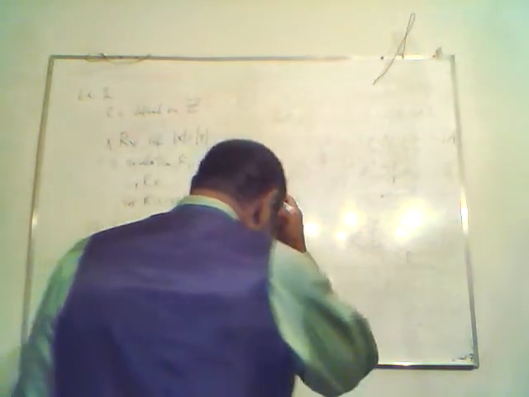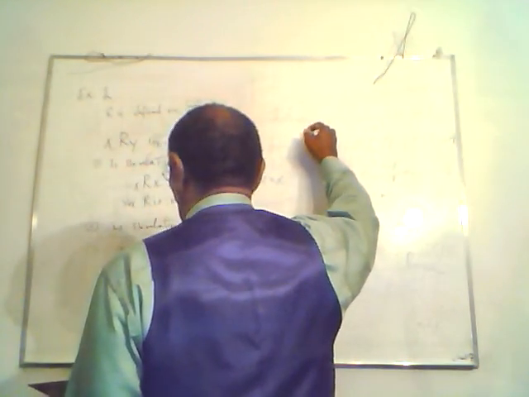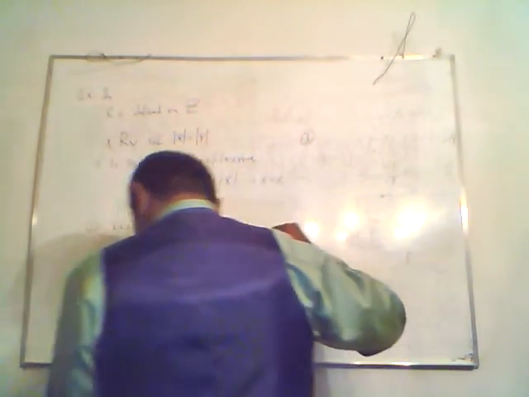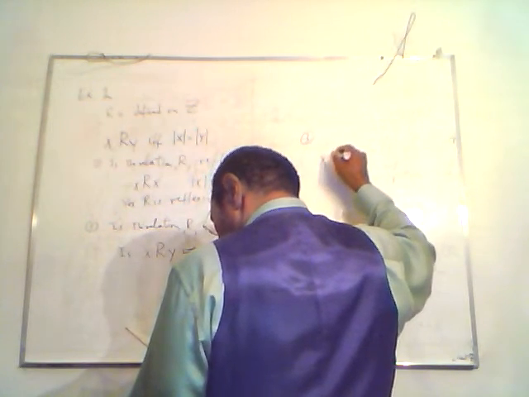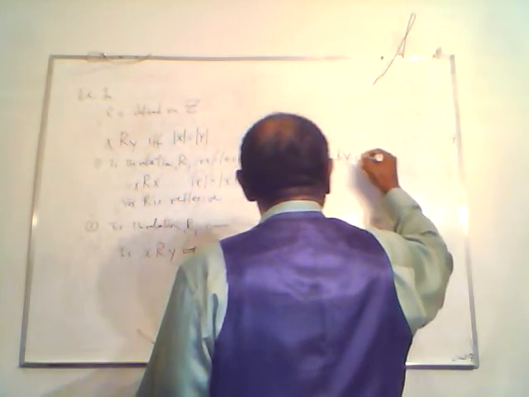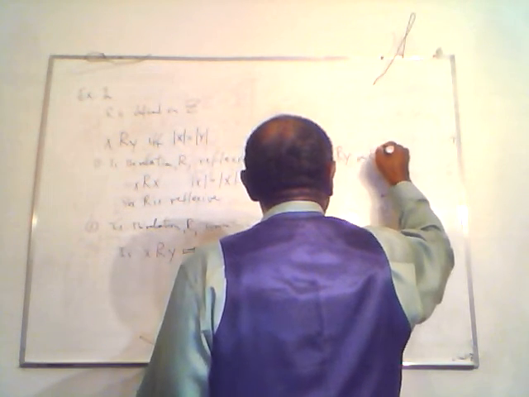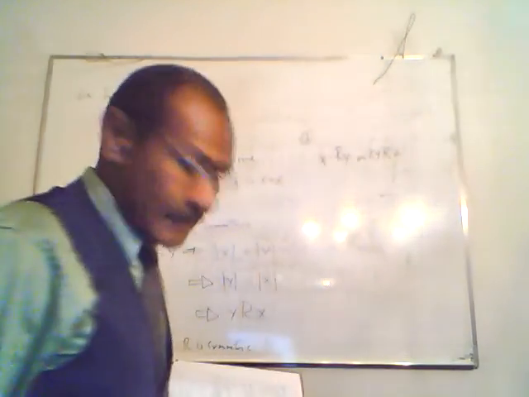Okay, the last one is transitivity. And for this, you have two things that have to be true. X relation Y and Y relation Z. So both of those things have to be true.